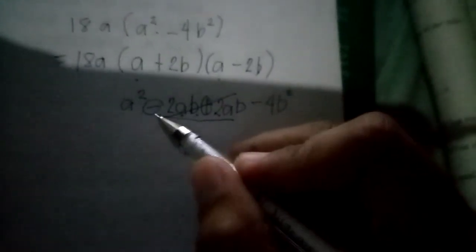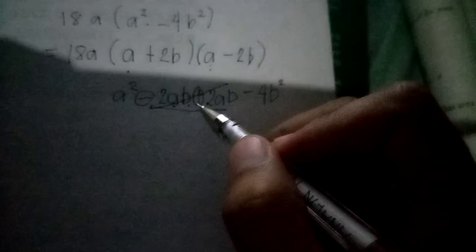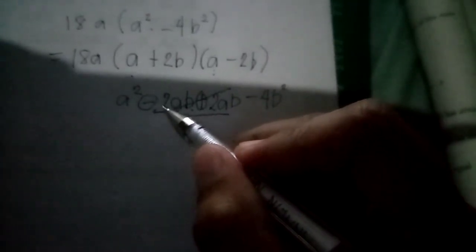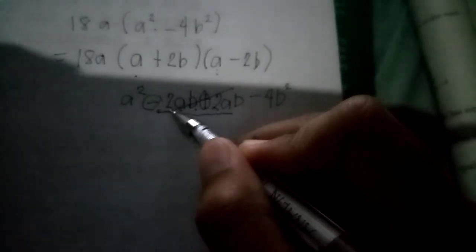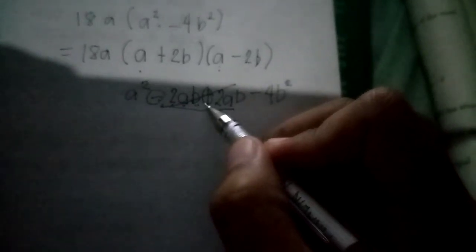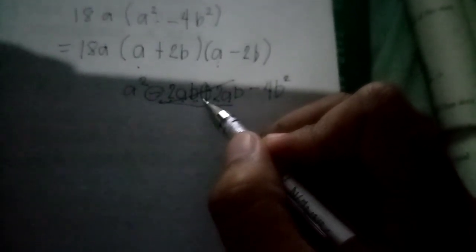Pero, hindi naman sa lahat ng equation na magkaiba ang sign ay ika-cancel mo. Ika-cancel mo lang pag parehas ang number, ang variables, pero magkaiba ang sign. So, ang answer ay a squared minus 4b squared.